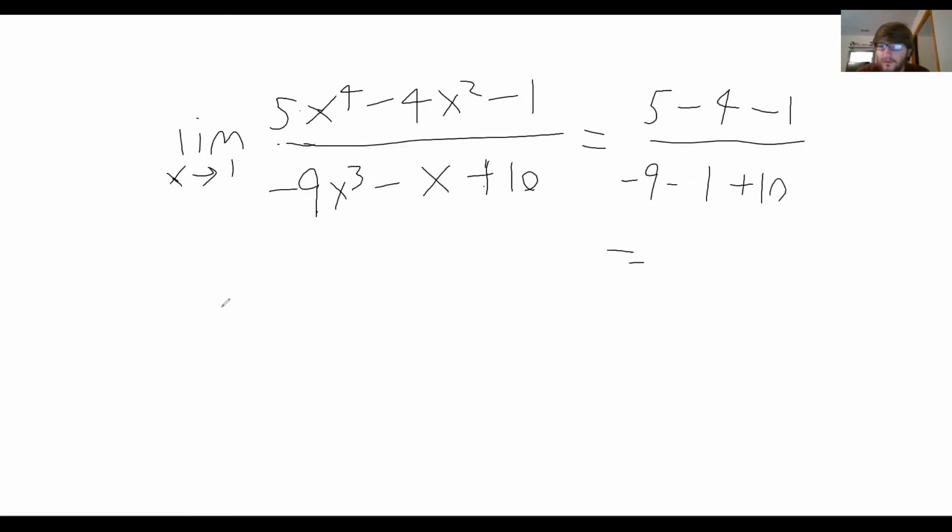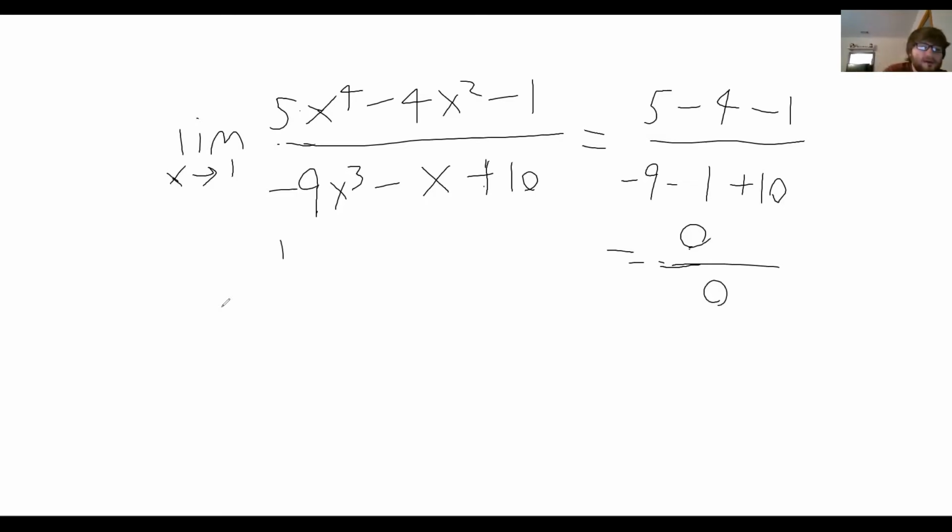So 5 minus 4 is 1, minus 1 is 0. And then minus 9 minus 1 is negative 10, plus 10 is 0. Okay, so we have 0 over 0, so we know we can apply L'Hopital's.